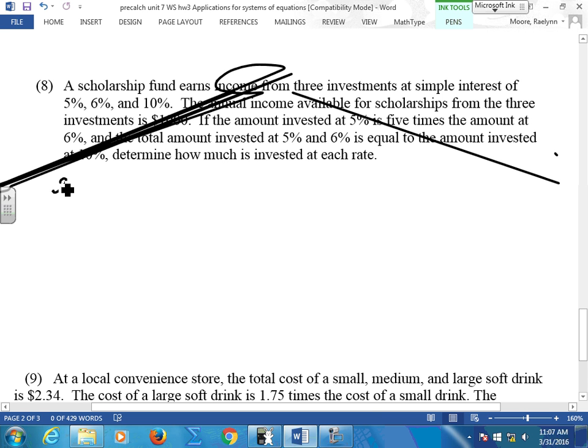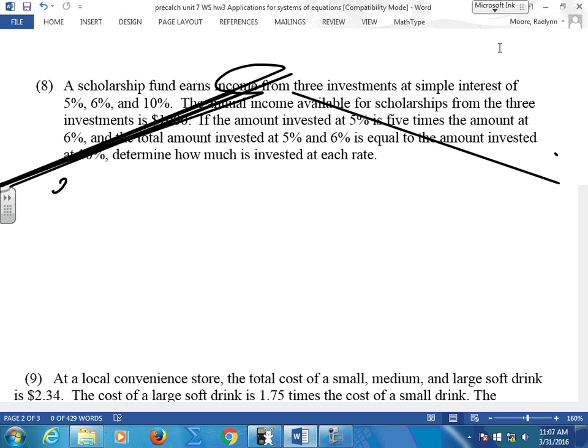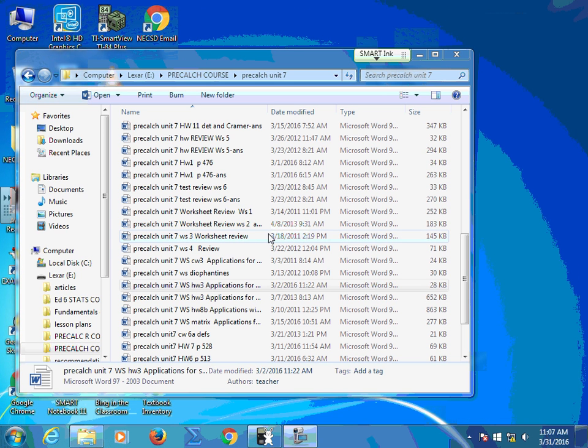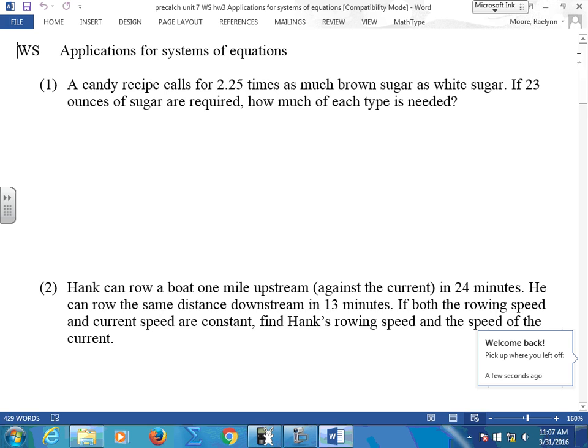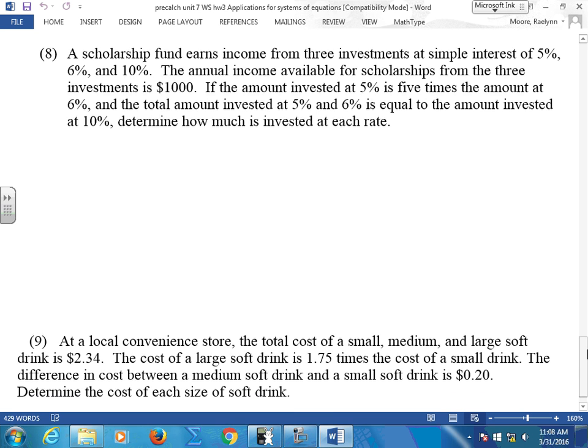I don't know what's going on with my board. But the whole thing is, and now I'm not responding. Now I'm in ink mode. I don't even know if I can get out of ink mode. Okay, ready guys?